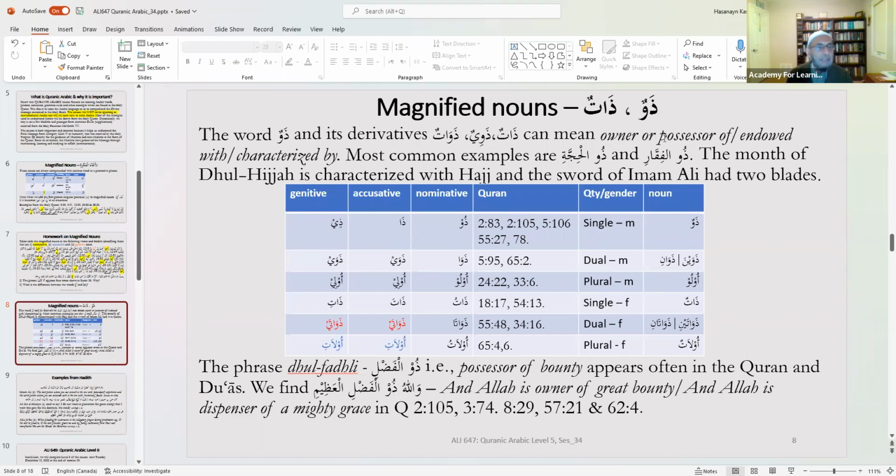That means he has wealth. So dhu malin is a person with wealth, owner of wealth, endowed with wealth. It's the same as ghaniyun.